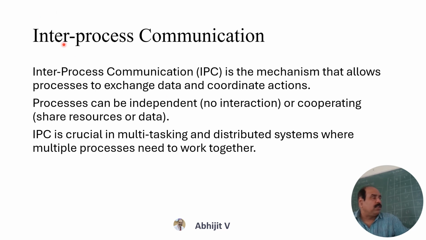Next is inter-process communication. When you have multiple processes initiated by the operating system, you will have several situations where one process needs to connect with the other one. This is called inter-process communication. It is a mechanism that allows processes to exchange data and coordinate actions.